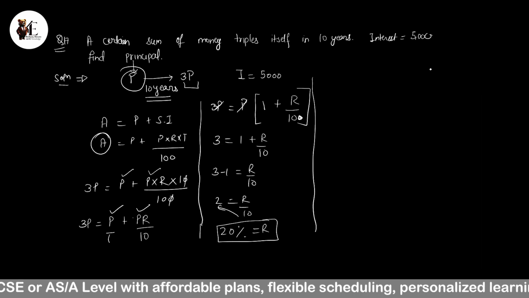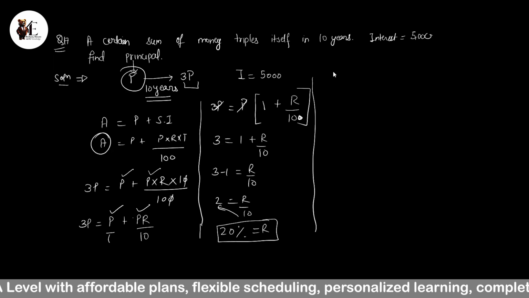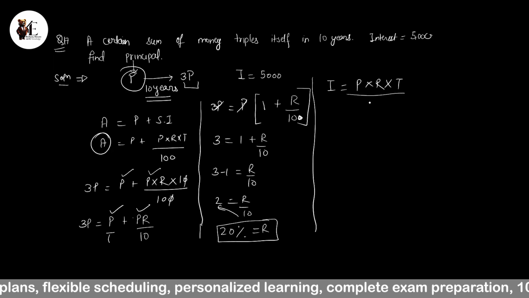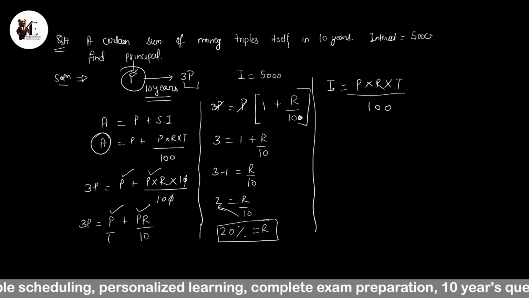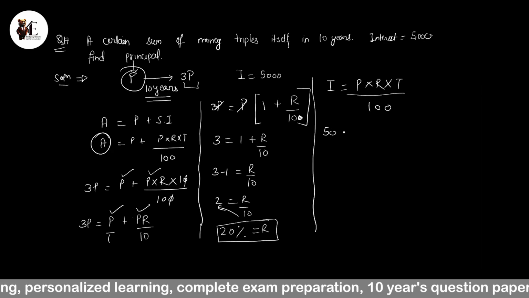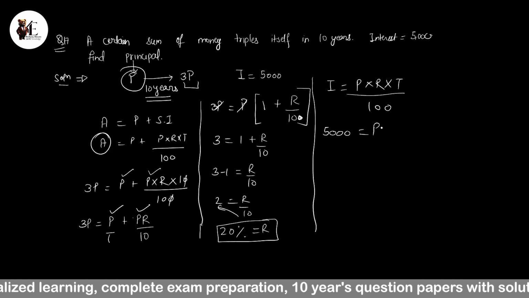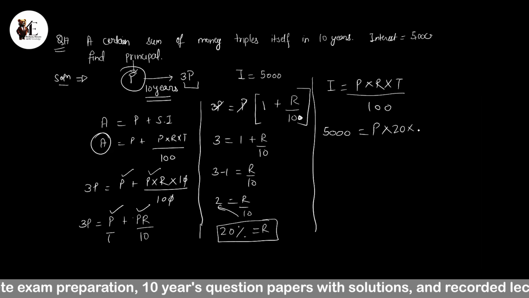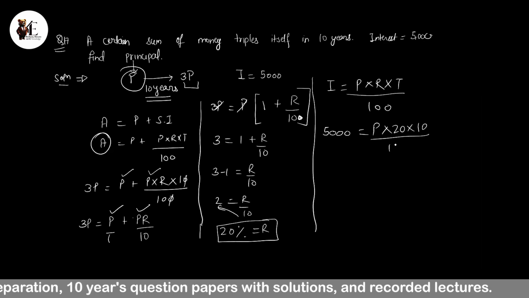So now we can simply apply the formula of interest again to find out the principal. So interest is P into R into T over 100. Interest is given as 5,000. We have to calculate the value of P. We just calculated the rate of interest, that is 20. Time period is 10 years, over 100.